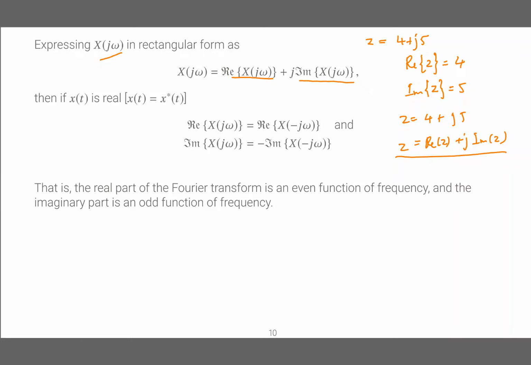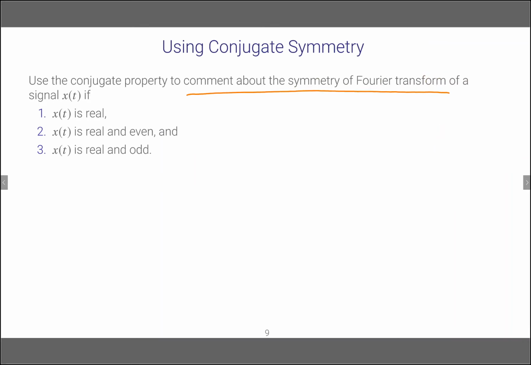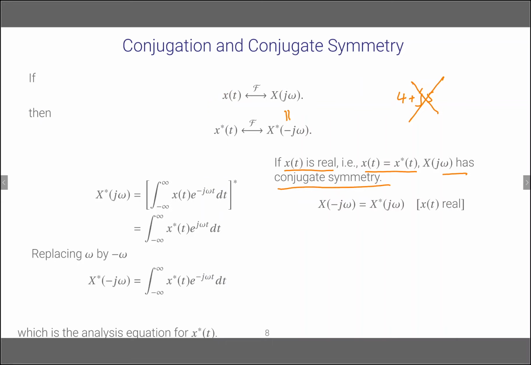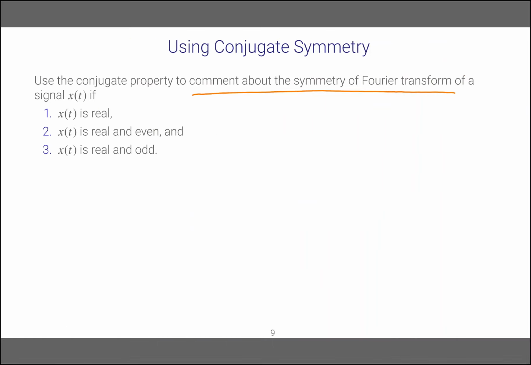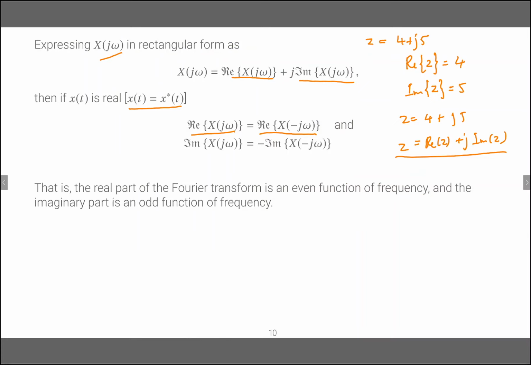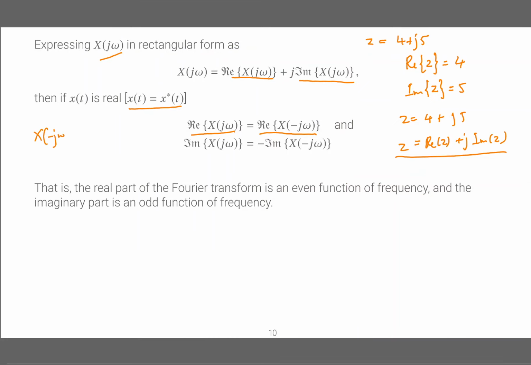Then if x t is real, x t is equal to x star t. Then the real part of x j omega must be equal to the real part of x minus j omega. We have to get the relationship from before: x minus j omega is x star j omega. When x t is real, we have conjugate symmetry in the Fourier transform.